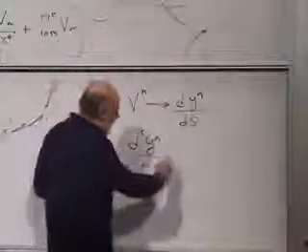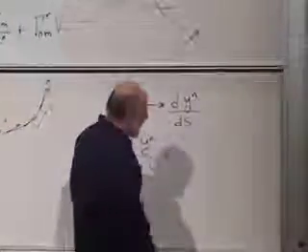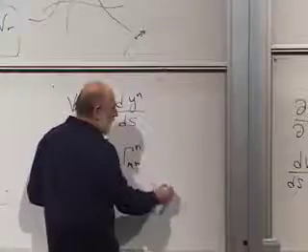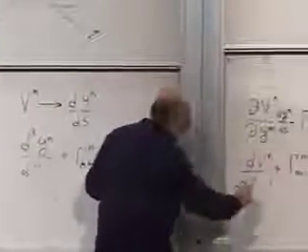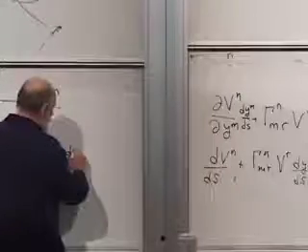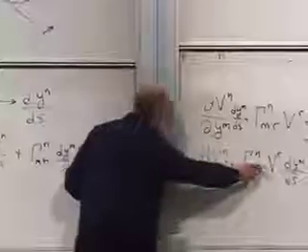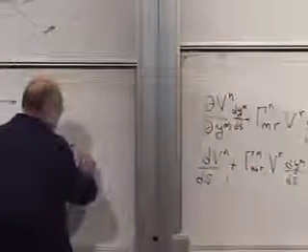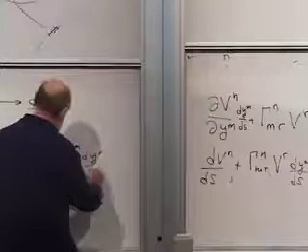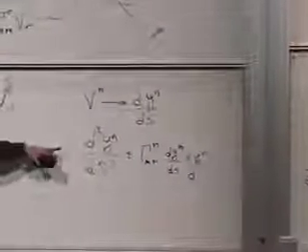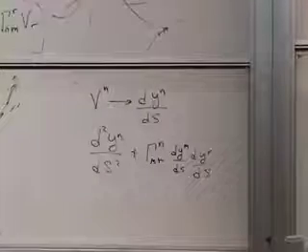And then what's the other term? Gamma mrn. Let's write down, what is it, dym by ds. And then v is just dyr by ds. So the first term is just the second derivative of y with respect to s.